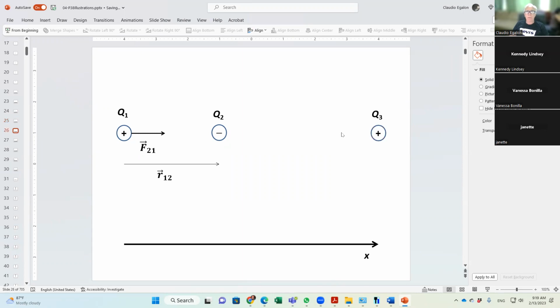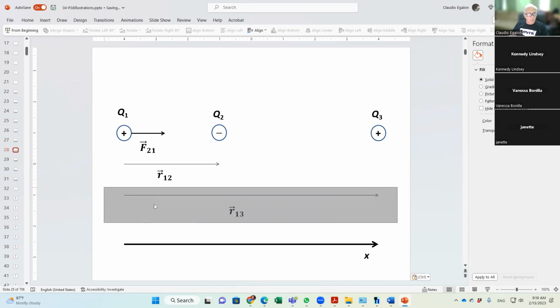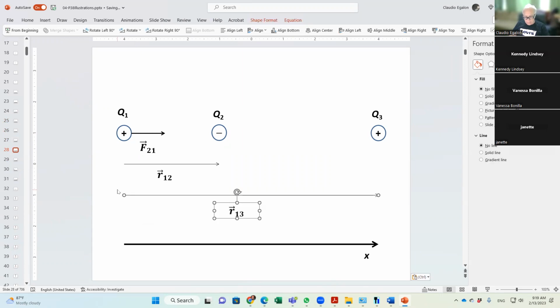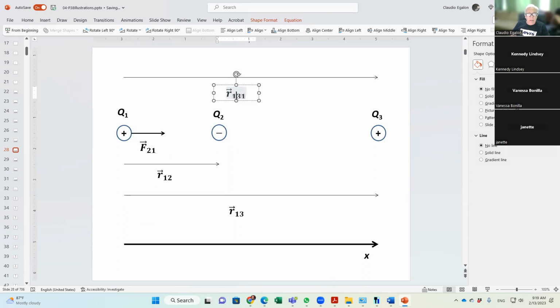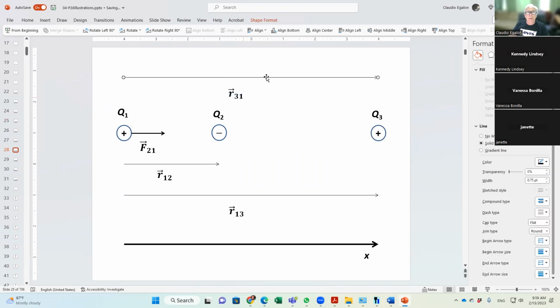And then we have a third charge in here with a vector position from 1 to 3. That's R13. But we also have the other vector position, right? That goes from 3 to 1 and points in the opposite direction.